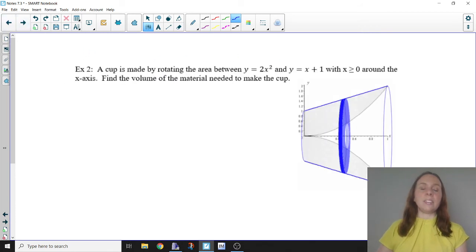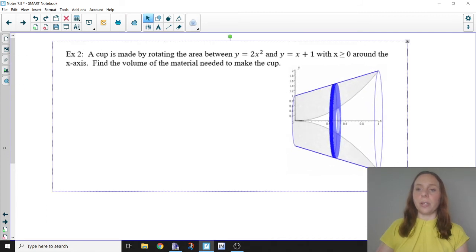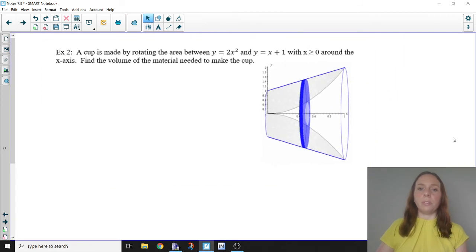Like this, take a look at example 2. A cup is made by rotating the area between y equals 2x squared and y equals x plus 1 with x greater than or equal to 0 around the x-axis. Find the volume of the material needed to make the cup. All right, and again, we're starting with an example where we have a really nice picture to go from. I'm going to make my picture a little bit smaller and move it over.